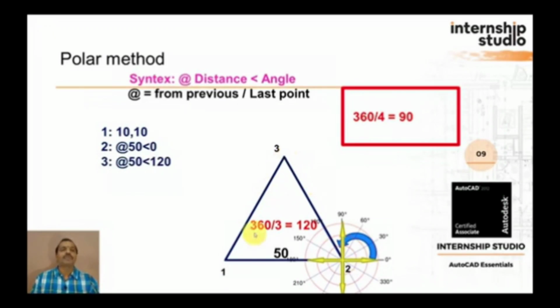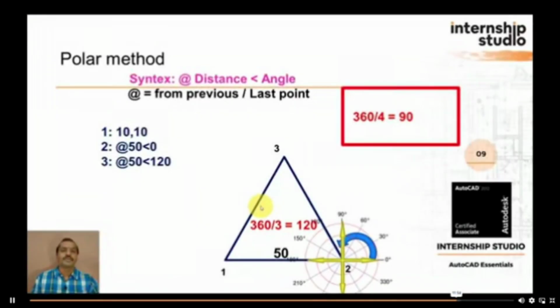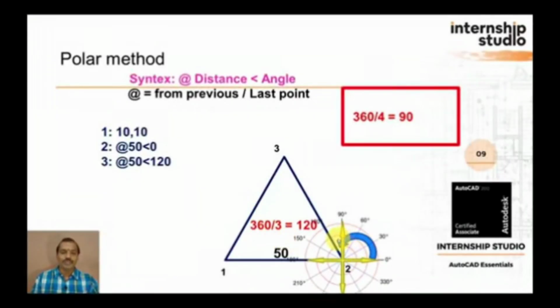Similarly, 3 to 1, I have to draw a line. What is the angle of this one? So this angle is 120 degree, we know.